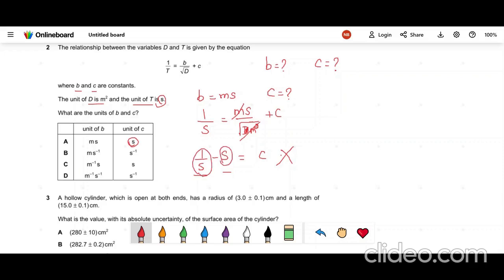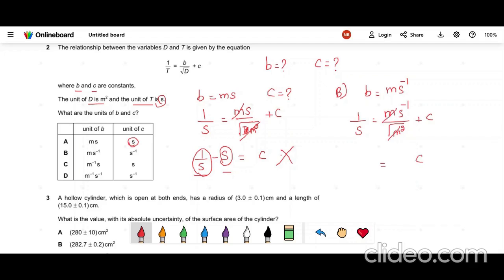And then B. Let us check choice B. In choice B, B has the unit meter second inverse. So I am going to use that same thing in our equation. 1 by T will be 1 by S. And then meter second inverse divided by root M squared is nothing but M, that is why M has been cancelled.